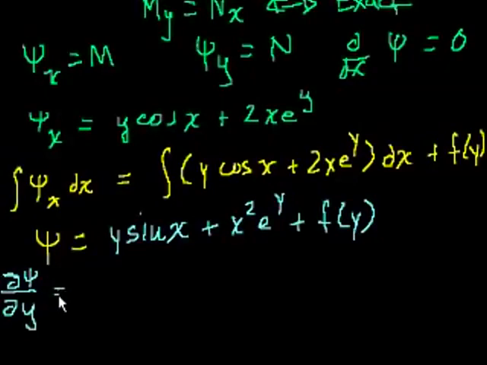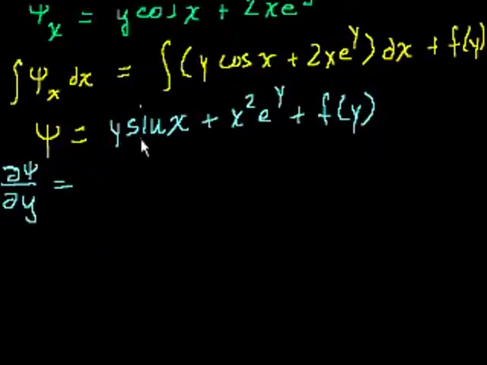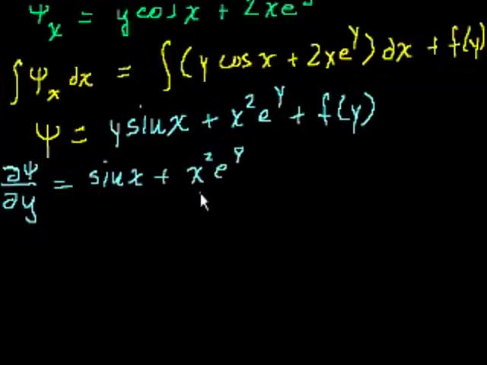The partial of xi with respect to y is going to be equal to, so here, y sine of x is just y times a constant, so the derivative with respect to y is just sine of x, plus, derivative of e to the y is e to the y, x squared is just a constant, so it's x squared e to the y, plus, what's the partial of f of y with respect to y? Which is going to be f prime of y.